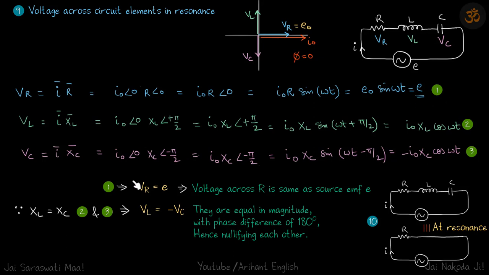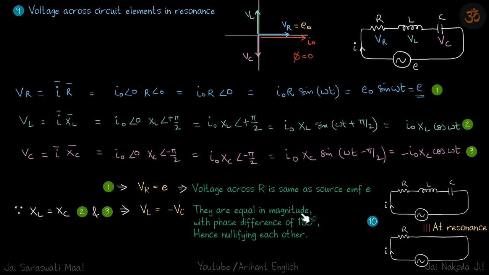So one gives that VR is equal to E. On the whole circuit we have E, and across VR also it is E. From 2 and 3, and we also know that XL is equal to XC, that's why phi is 0. If XL is equal to XC, and VL is this and VC is this, you can see that they are opposite of each other. So VL is equal to minus VC.